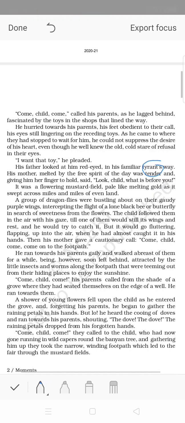So, when they moved a little further, there was a vast field of bright yellow colored mustard flowers. A group of dragonflies, black bees, butterflies buzzed around, and they were sucking the nectar from the flowers. The child was looking at them because they were flying in the air.